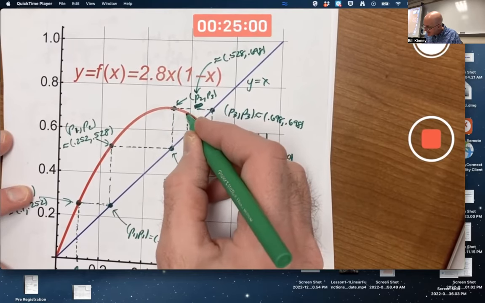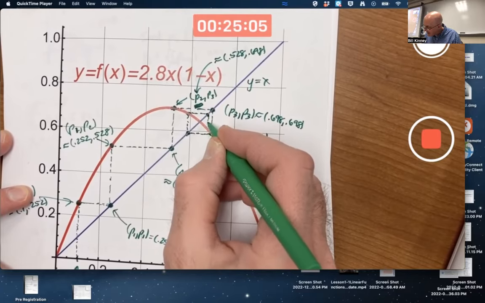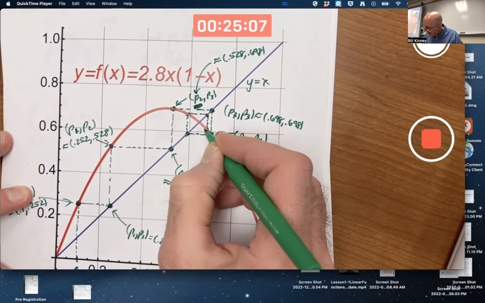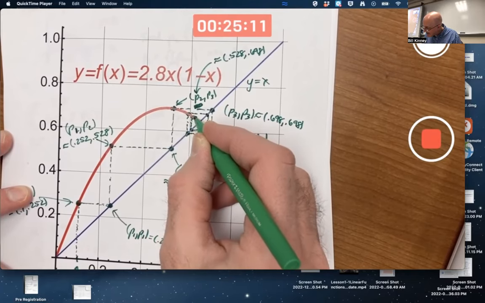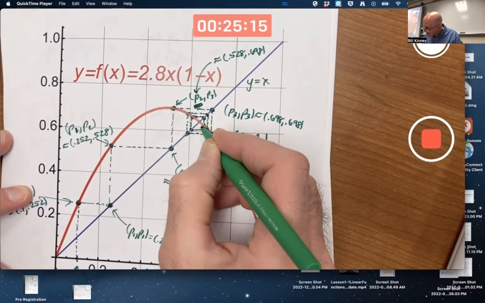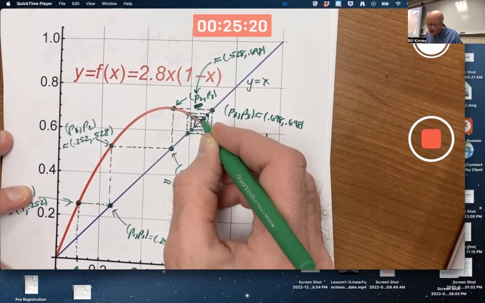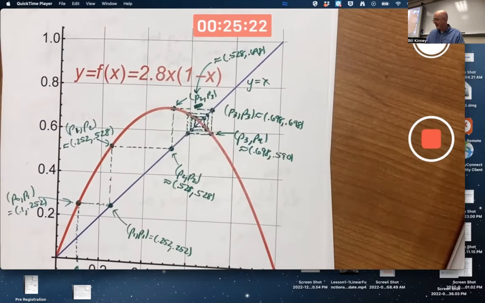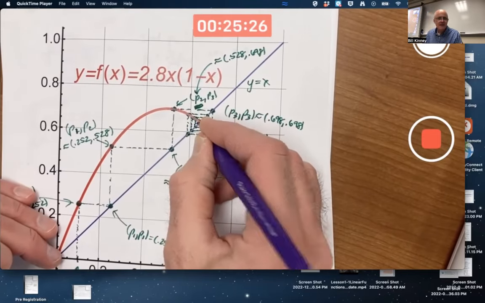You can see the diagram forces you to head toward the fixed point in an oscillating way. You're forced by the procedure and the nature of the red graph to go closer and closer to the fixed point, back and forth in a non-monotone way, as you keep iterating. The fixed point itself is right there.